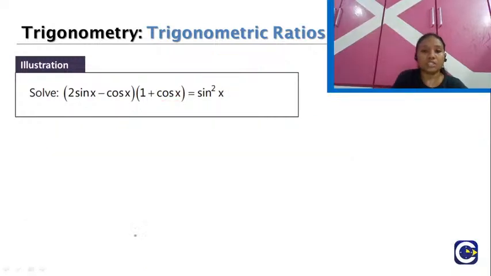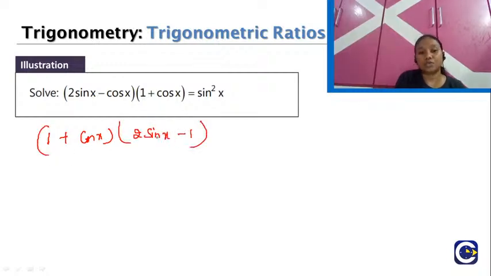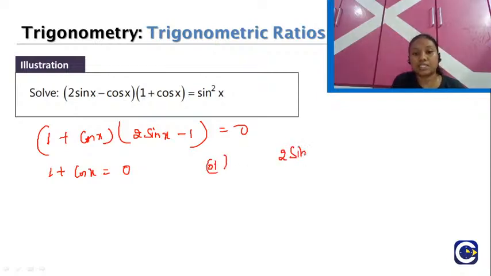So I'll just write the solution here. We got the expression after factorizing as 1 plus cos x into 2 sin x minus 1 is equal to 0. Which means either 1 plus cos x is equal to 0, or 2 sin x minus 1 equal to 0.